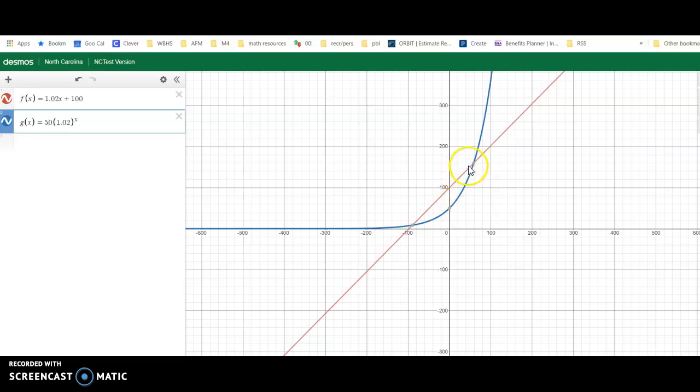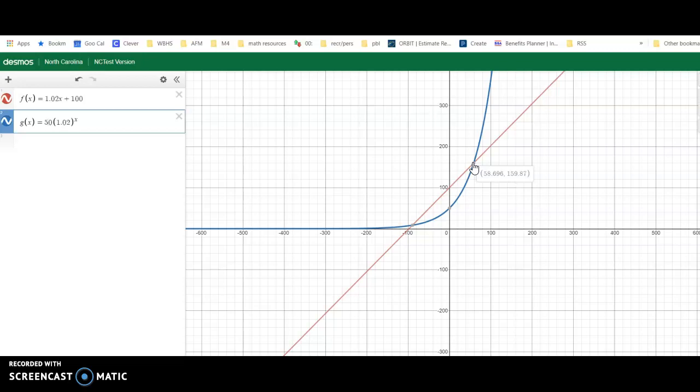So I'm going to look here, and I can see right here where these two functions meet is the first spot where the blue line, g of x, actually gets larger than the red line. You can see it's getting bigger. So if I look at this, it is 58.696. Be careful, don't write that down. They asked you for the positive integer, so I had to write the number 59 down.